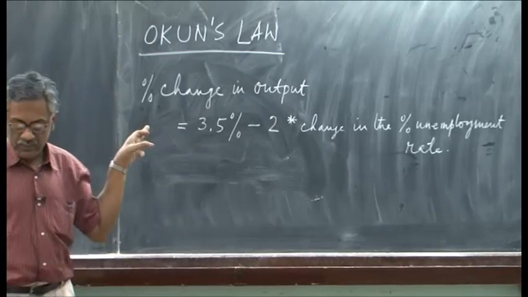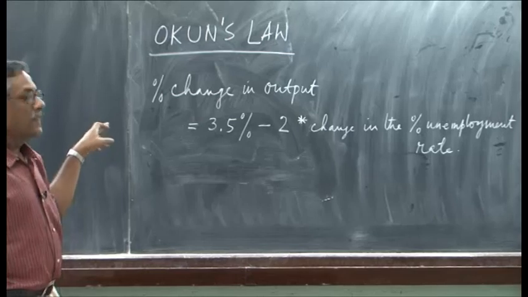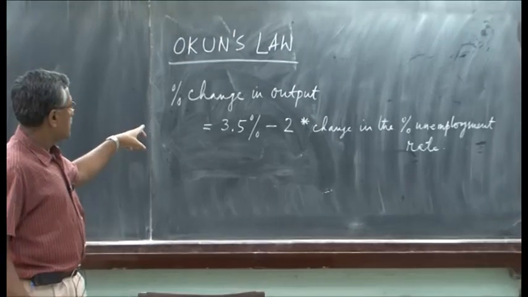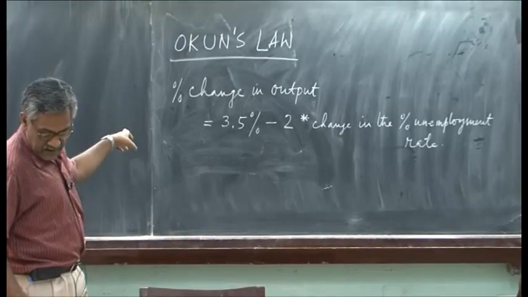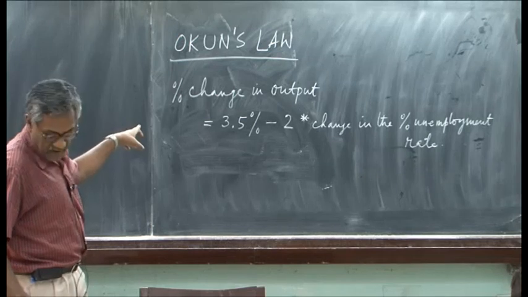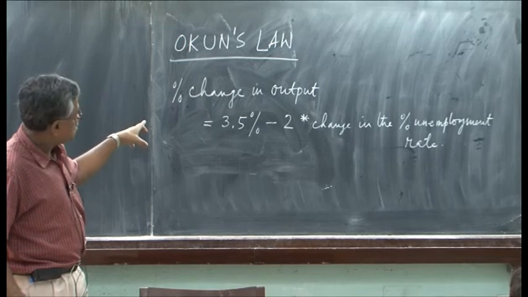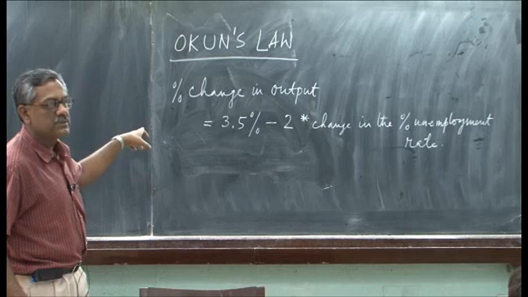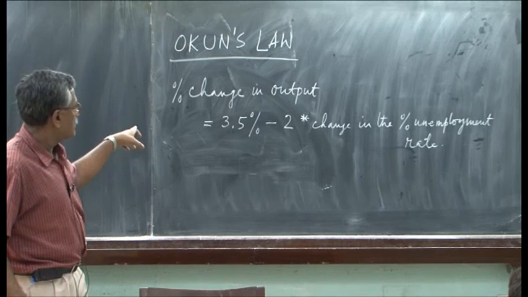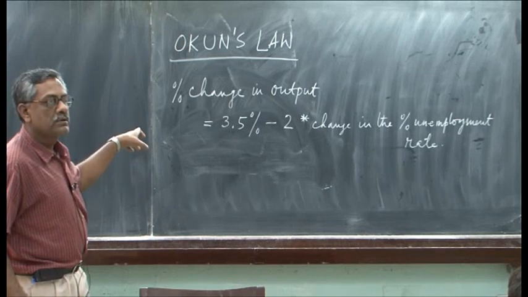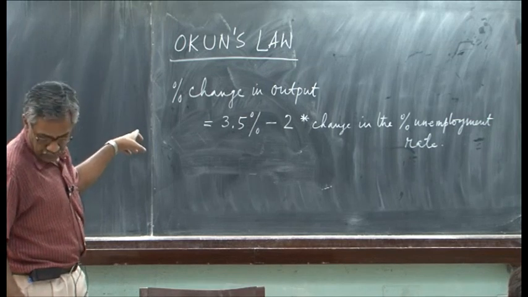So how much will it become? 2.5% minus 3.5% is 6%. All right?